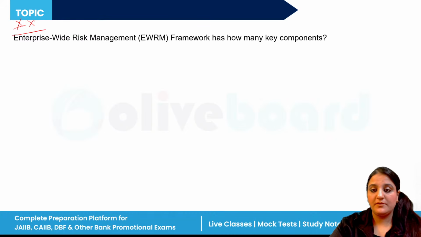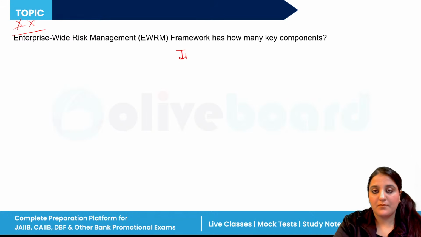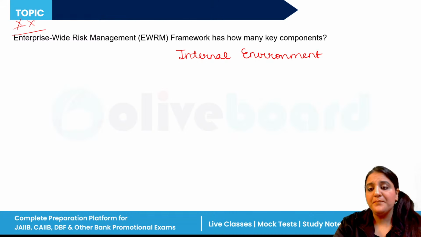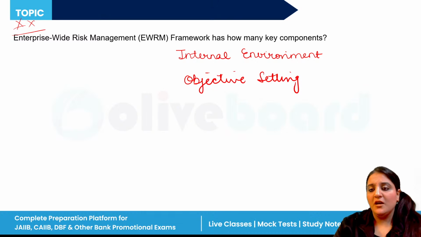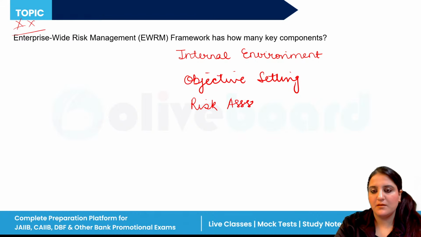There are 8 key components. First is internal environment, then objective setting, then risk assessment, risk response, control activities, and information, communication and monitoring.